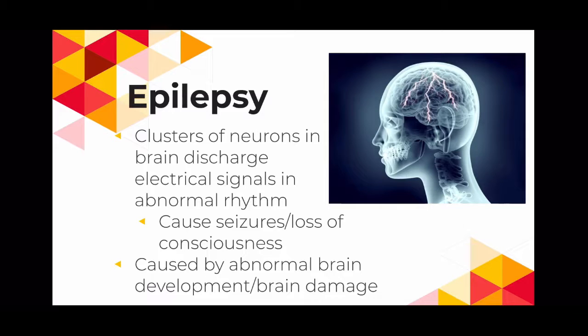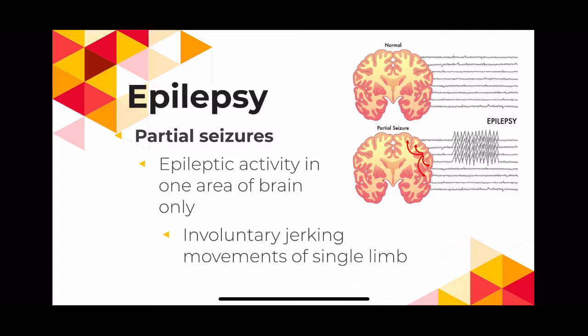And just like with cerebral palsy, there are various classifications of seizures. And we're going to talk about each one. So the first is called partial seizures, and this type of seizure happens when the neurons in a single area of your brain begin firing abnormally.